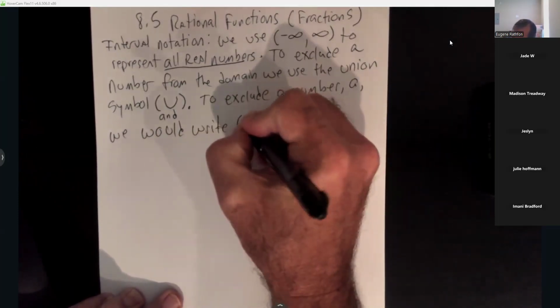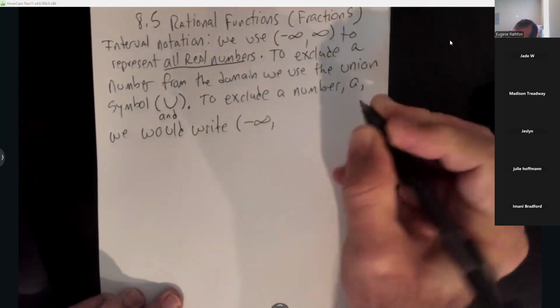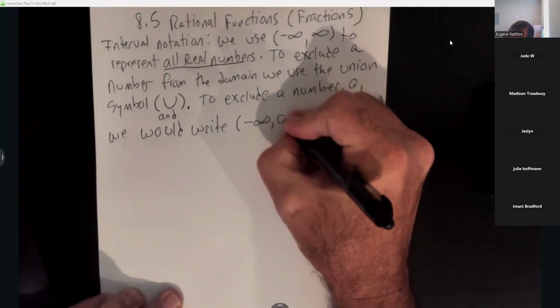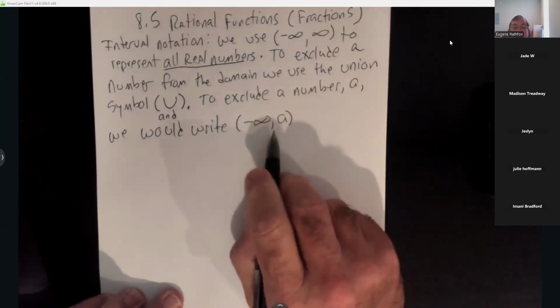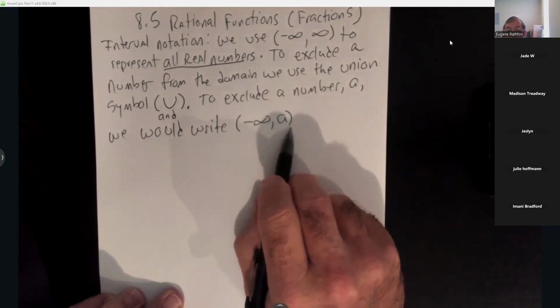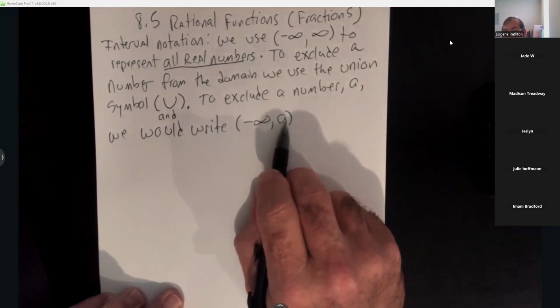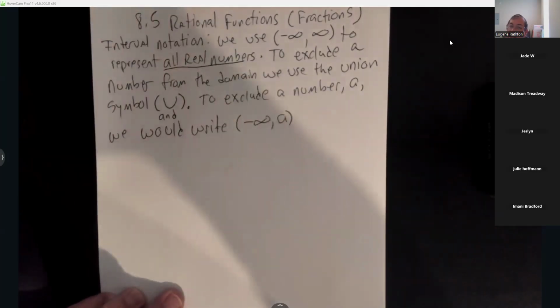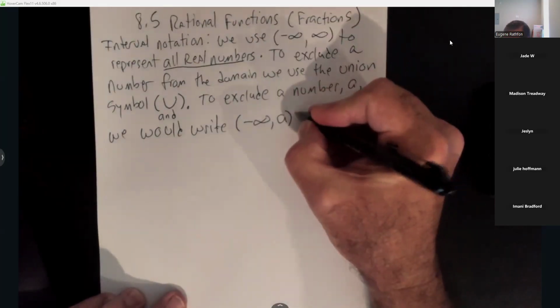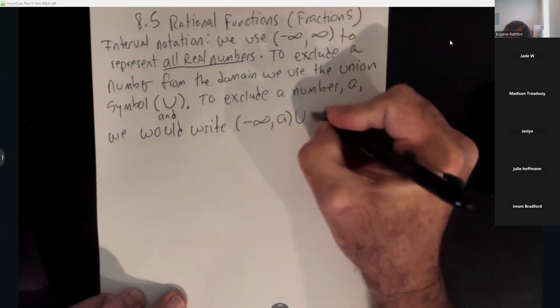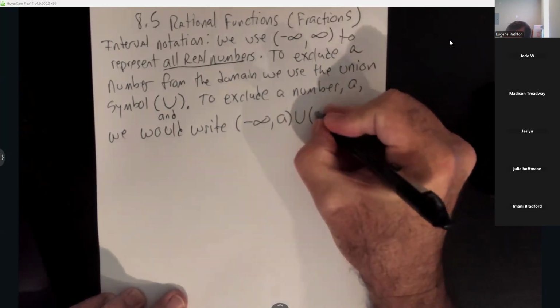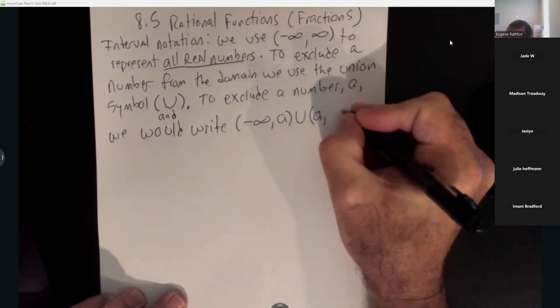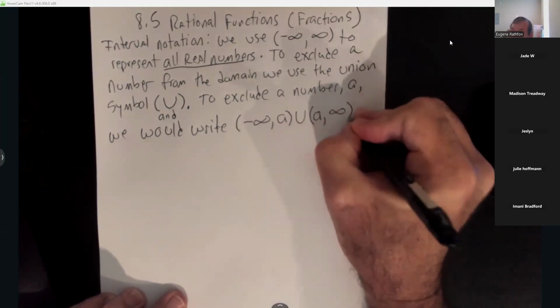all right, so it's going to start at negative infinity, and then we go up to A. Now, since I'm using these curvy parentheses around the number, when you use curvy parentheses around a number, that means it excludes that number. And then you use the union, and then it starts to the right side of the number and goes towards infinity.